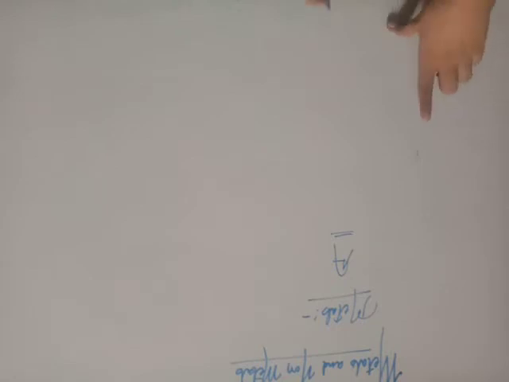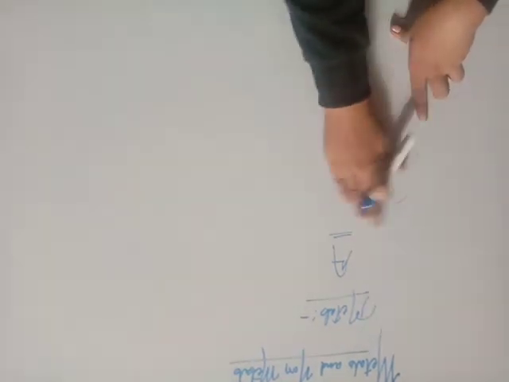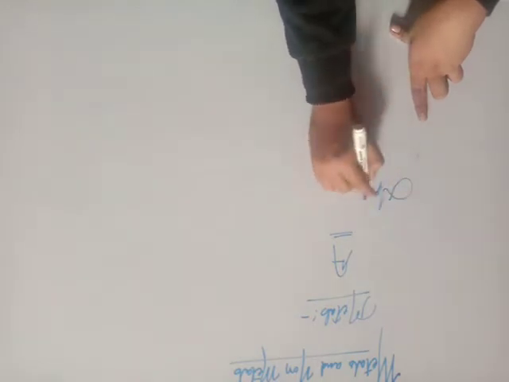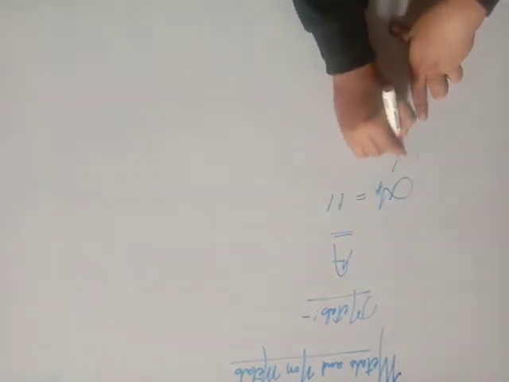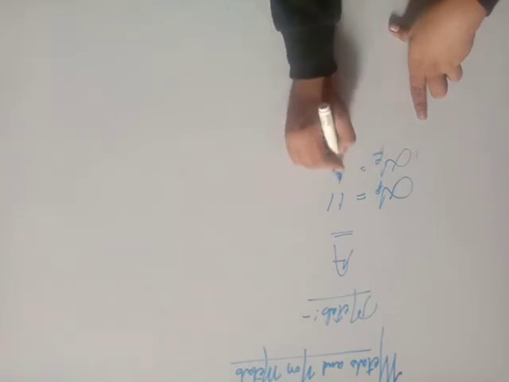So let the number of protons in A be 11, and let the number of electrons in A be 11. Means now the element A is in a neutral state.